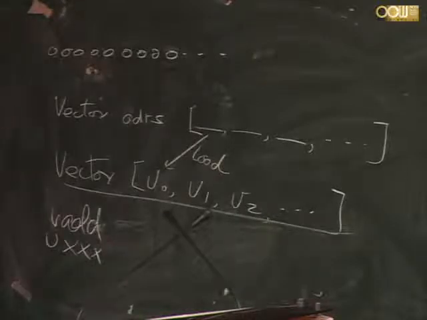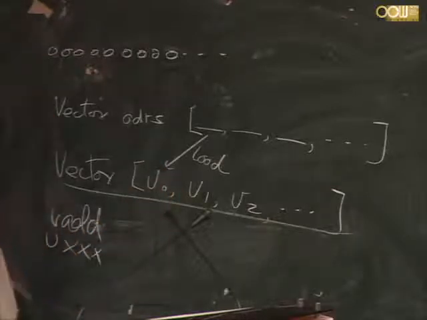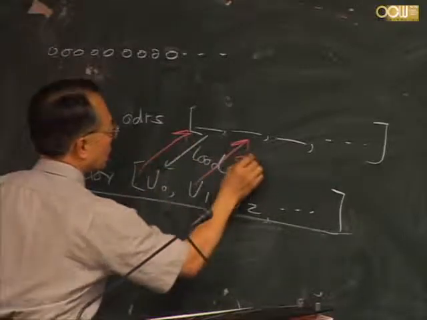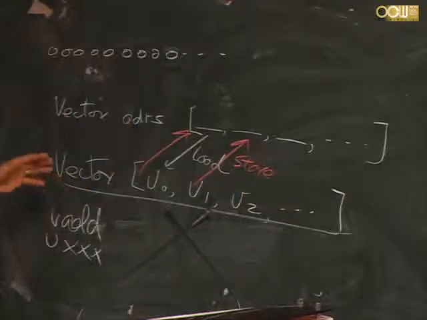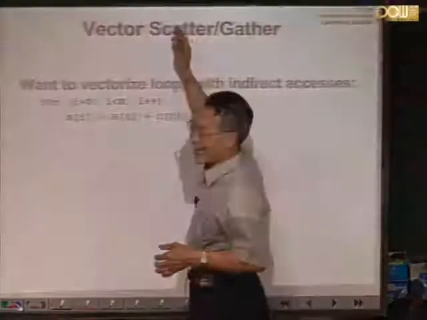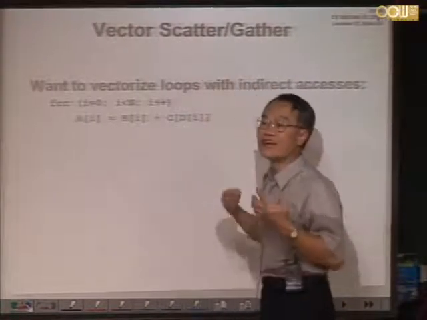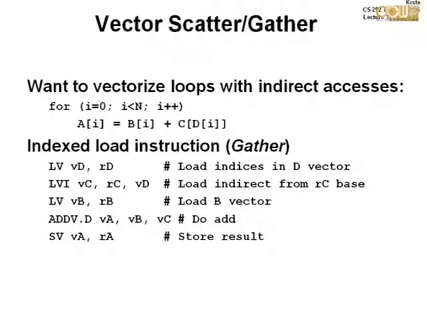Later, when you're done, you need to scatter them back, like doing stores. Okay, so this is the so-called gather and then scatter. In between the two, you do vector type operations on these variables, making things more efficient.